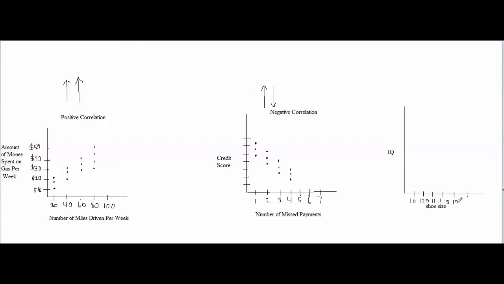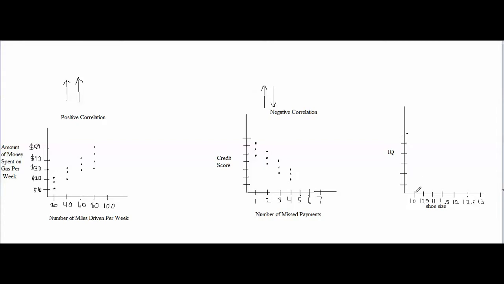So this is 11.5, this is 12. Then we have 12.5. Maybe we'll stop at 13. And for IQ, I'm not totally sure what tick marks we should make for IQ, so I won't label those. We'll just know that down here means lower IQs and up here means higher IQs.